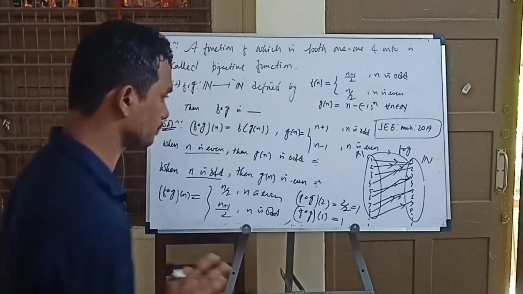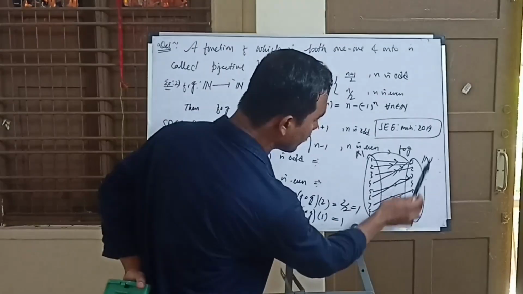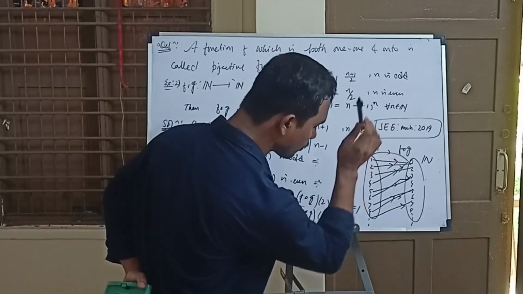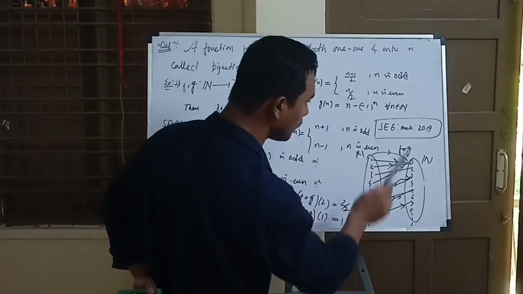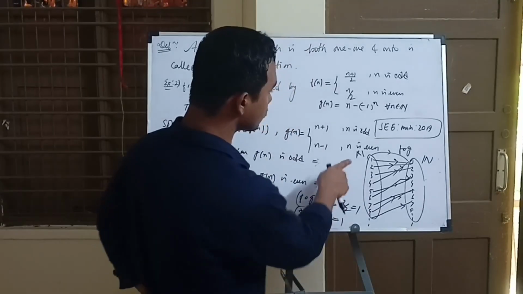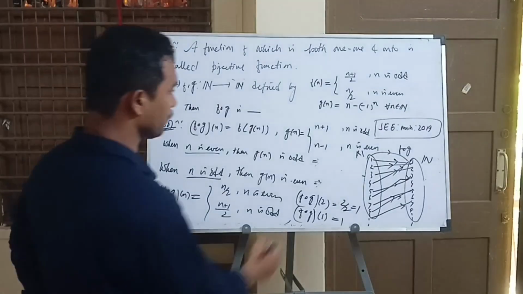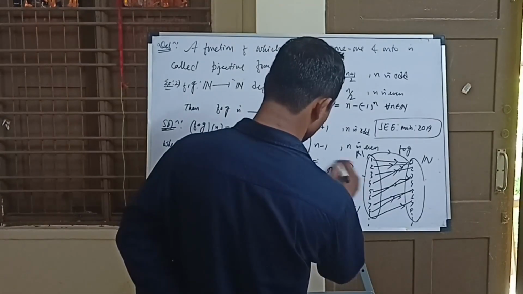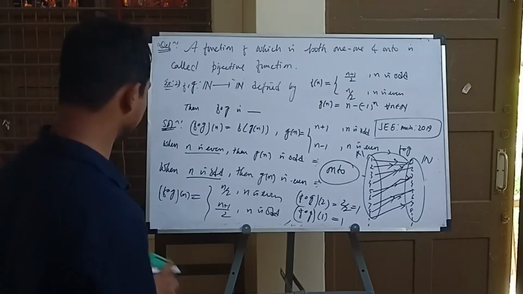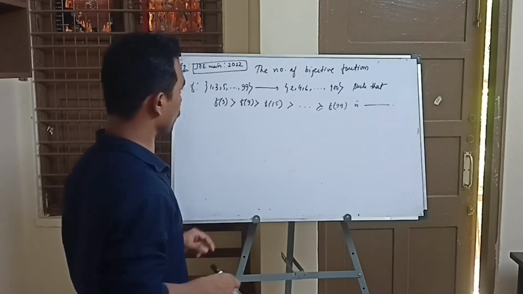That means any one element of the codomain N has two pre-images in the domain N. So this function is onto. Okay, this was asked in IIT JEE 2022.